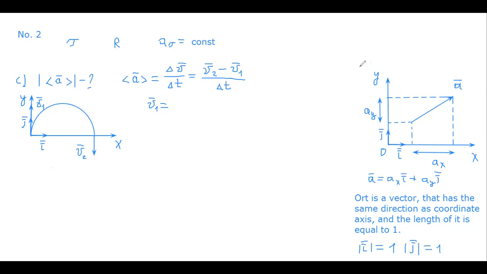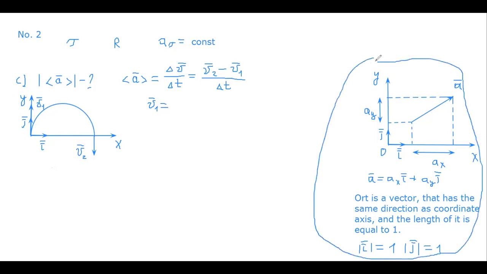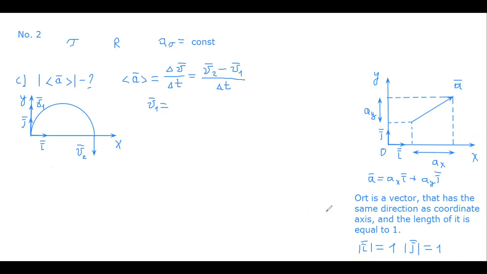It is necessary to do it in a similar way to what we did here. Not zero, because zero is the radius vector, but velocity is not zero.